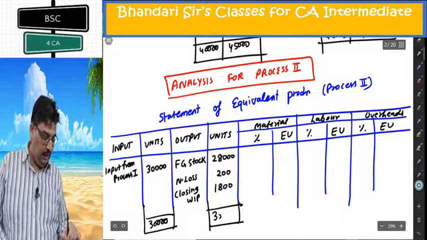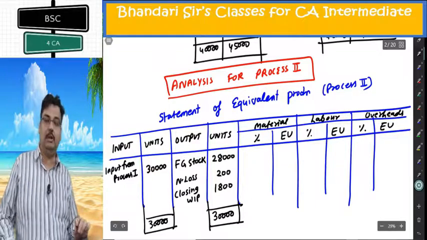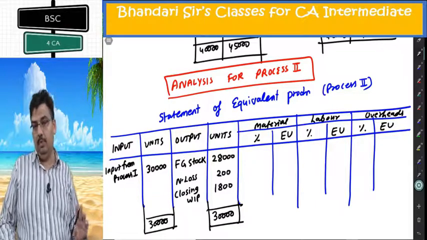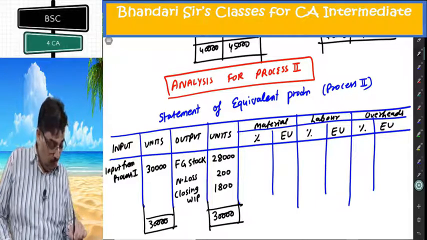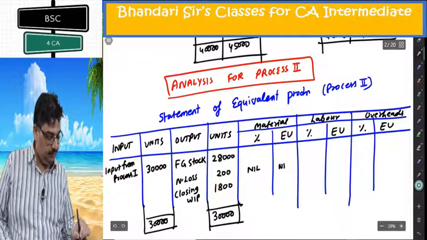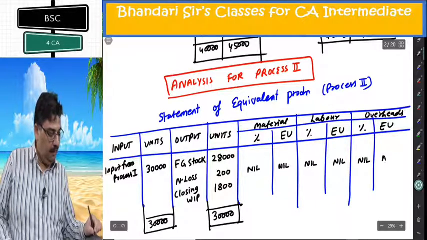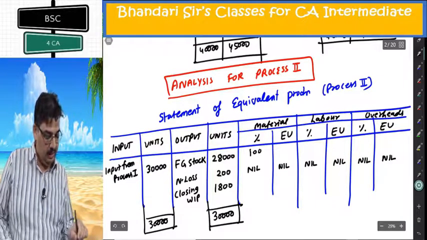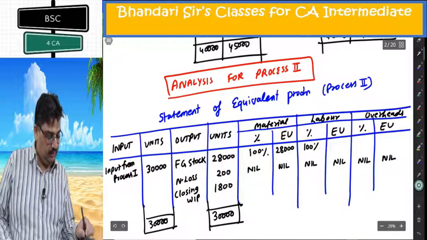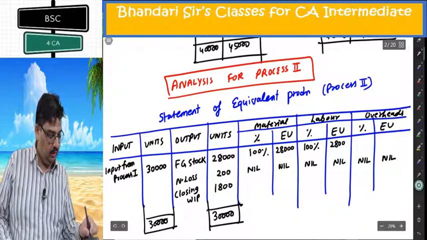No abnormal gain, no abnormal loss. Once it is tallied, no abnormal gain, no abnormal loss. Normal loss nil everywhere. Completed units 100% everywhere. 100%. 28,000.